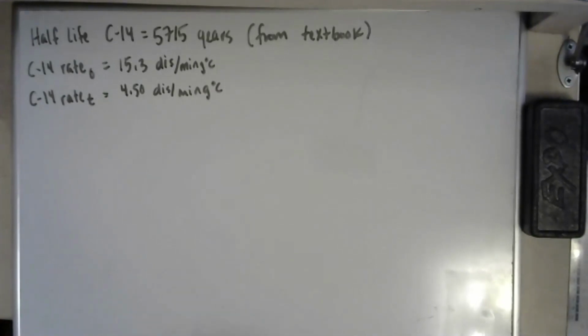And we're told that living organisms have a decay rate of 15.3 disintegrations per minute times grams.